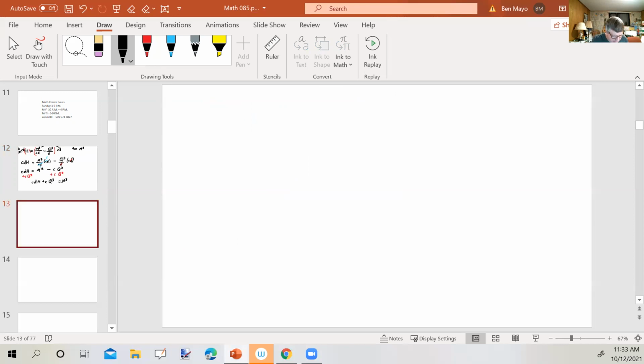Back in 7.1, we dealt with evaluating expressions. So let's say, for instance, you've got something like this: 2y plus 9 divided by y squared plus 25. And you were to evaluate the expression for y equals -3.